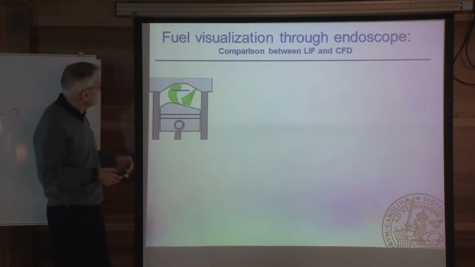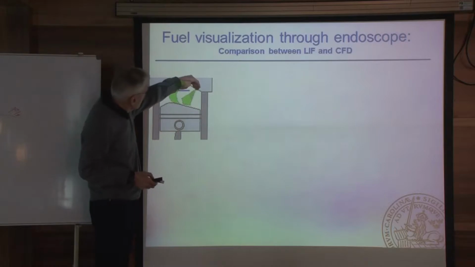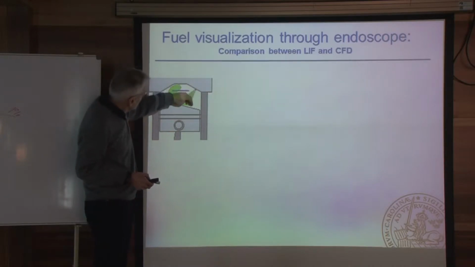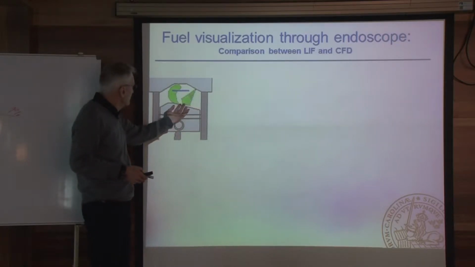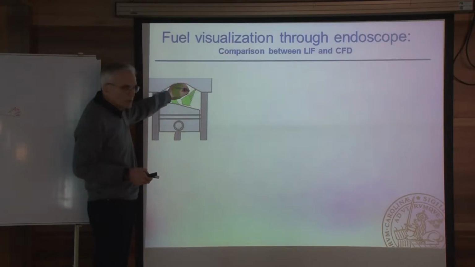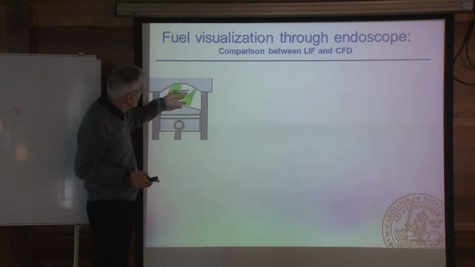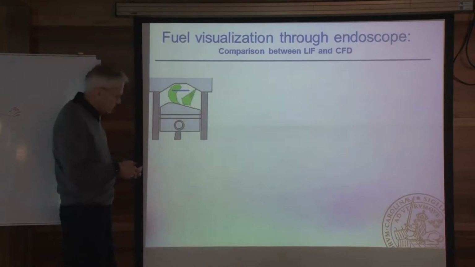And this was in a direct injection engine, so we could see that the fuel comes in here, hits the piston, is directed towards where the spark plug is, and here is the laser sheet.